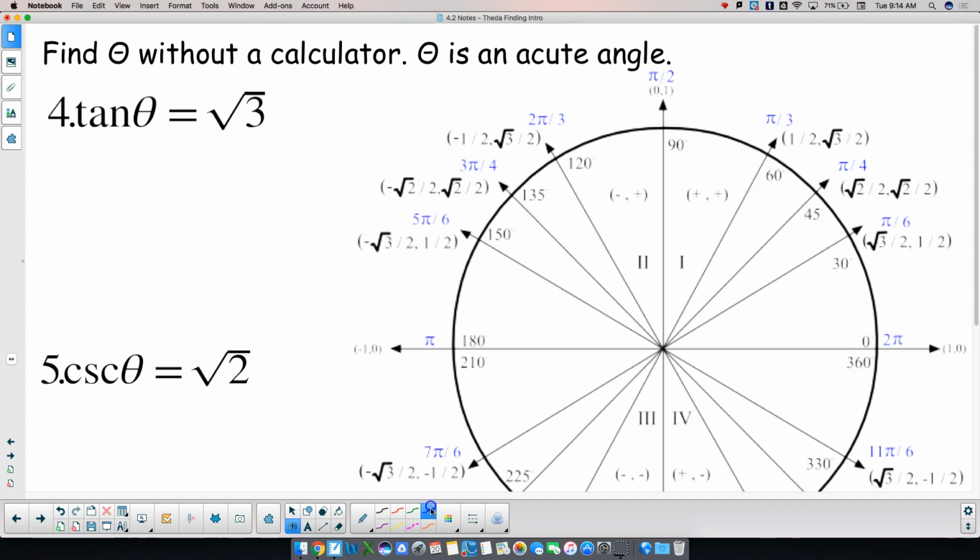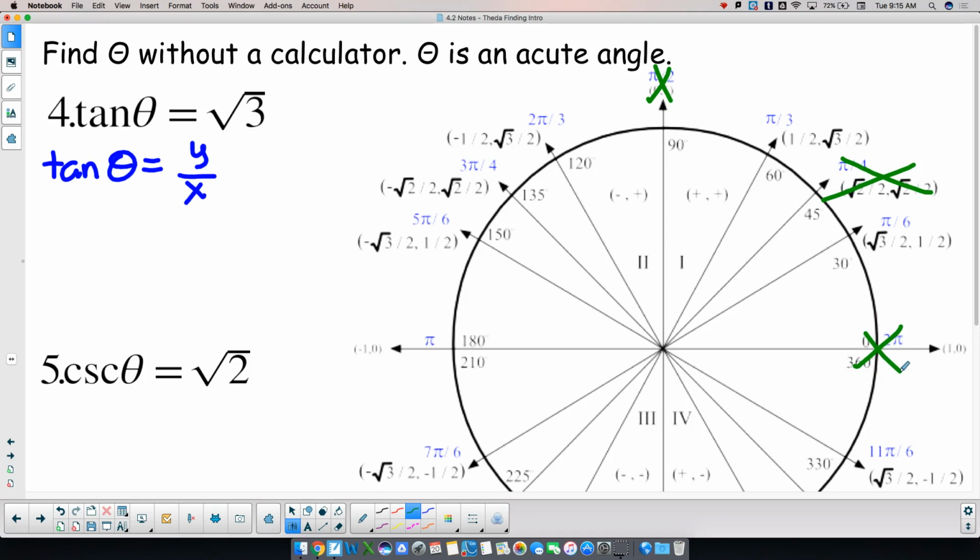All right. So, tangent is equal to y over x. So again, I'm working in quadrant number 1. I want y over x to be the square root of 3. Well, I can tell you right now that eliminates pi over 4, because pi over 4 deals with the square root of 2. That eliminates pi over 2, because there's no square roots there, and it eliminates 0, because there's no square roots there.